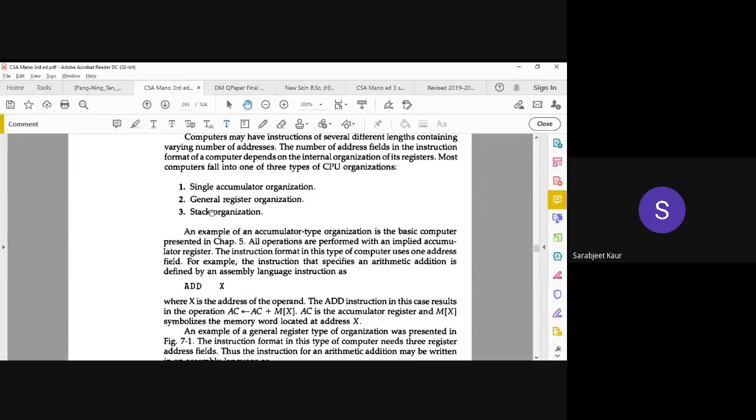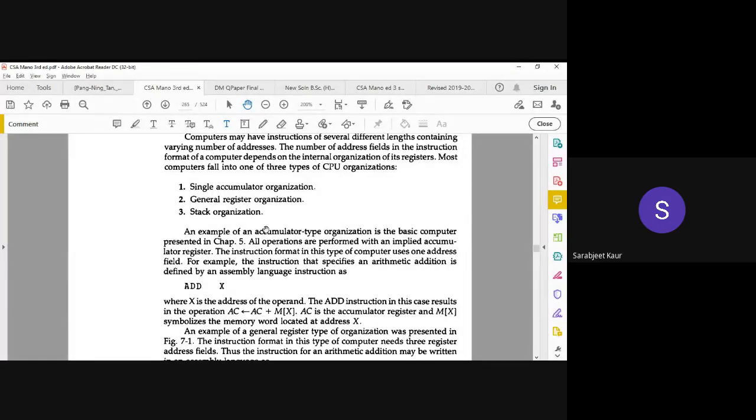And then the third one is a stack organization. What do we mean by a stack organization? Stack organization means that we are using a stack to implement our operations. If you remember, I told you about the stack yesterday and explained what a stack is, and that one of its uses is to store the return addresses.